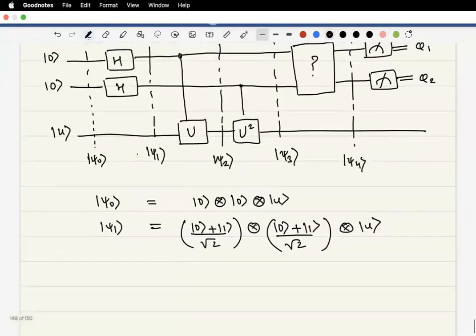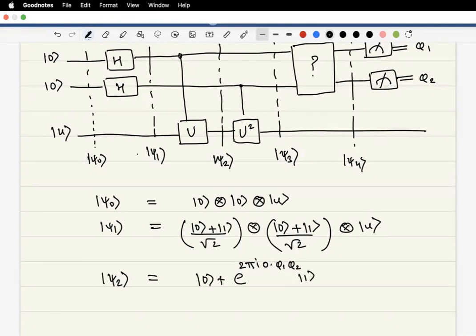Now, psi1, so this is psi2, sorry, there is a control u gate being applied, where the control is on the top qubit. So just like before, the phase will get kicked back. So psi2 will be equal to (0 plus e to the 2 pi i 0.phi1phi2 1)/square root of 2 tensor (0 plus 1)/square root of 2 tensor u. This analysis is similar to the one before.